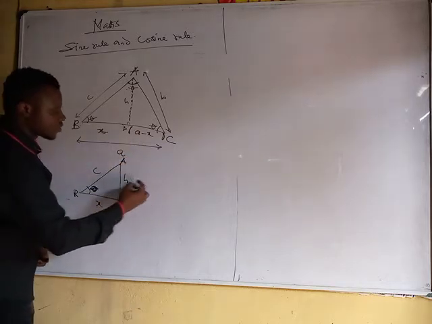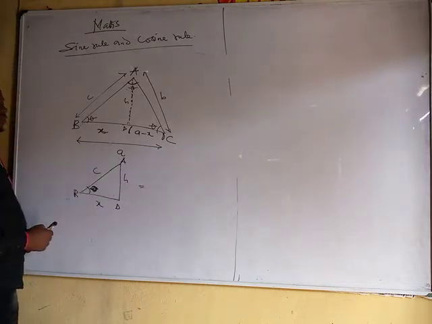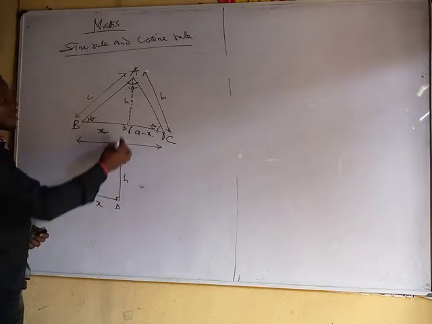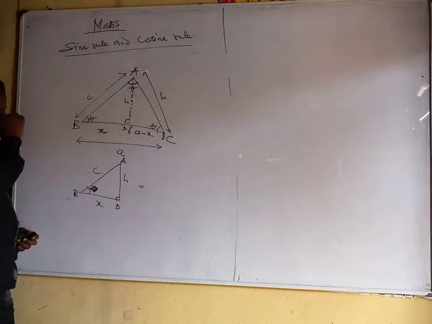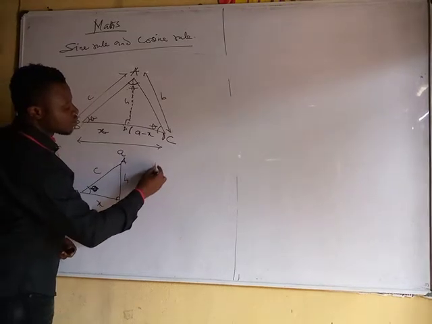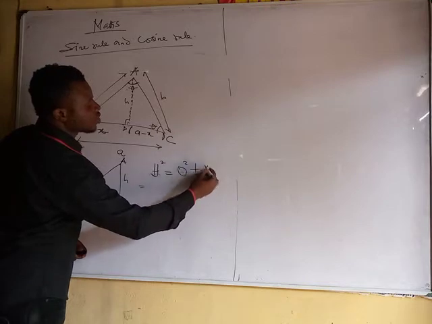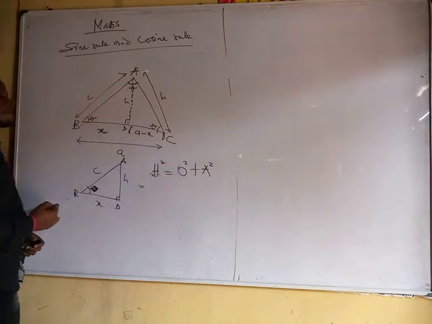What can we have here? When we are looking at the three sides, we are going to apply the Pythagoras rule. In Pythagoras rule, hypotenuse square is equal to opposite square plus adjacent square.